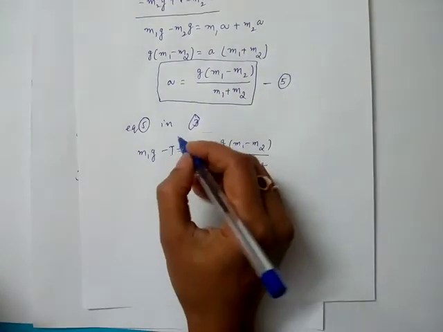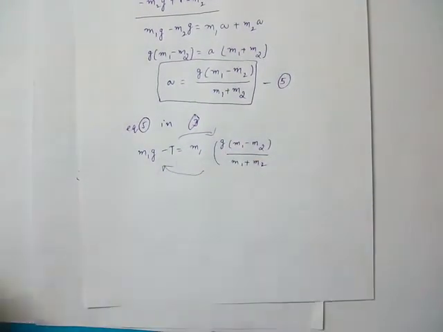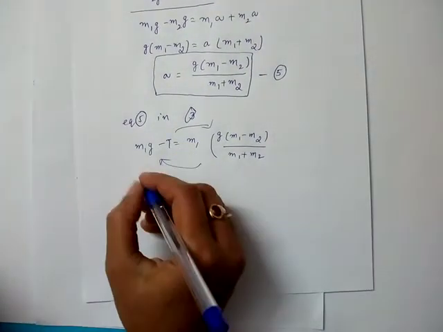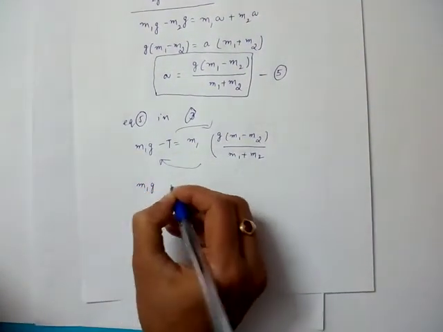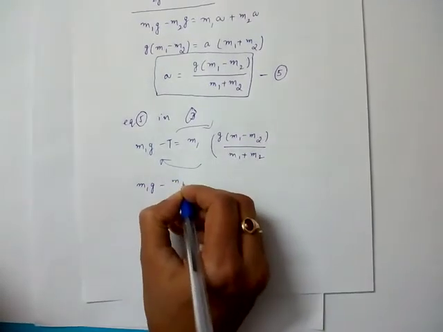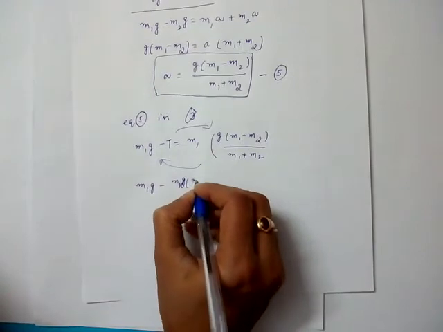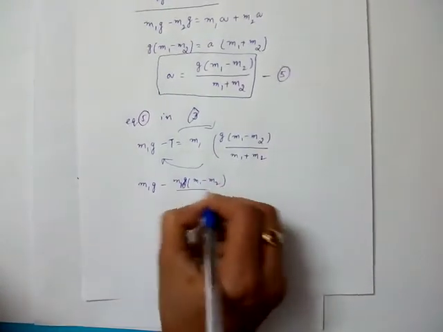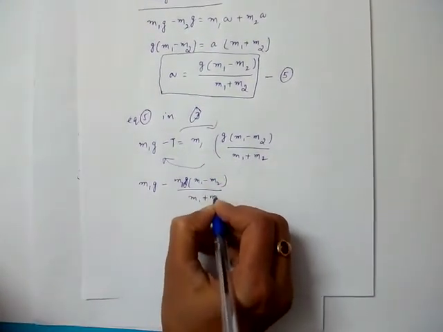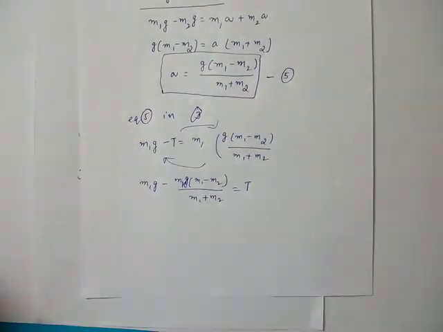Okay, so send t this side and this is this side. Understood? m1g minus m1g m1 minus m2 by m1 plus m2 is equal to tension.